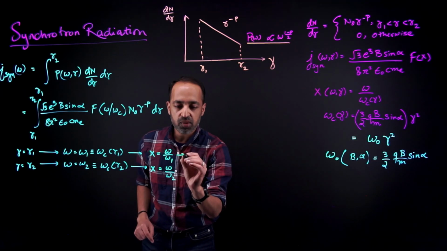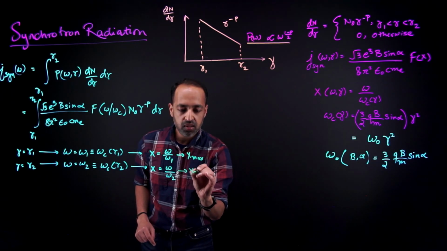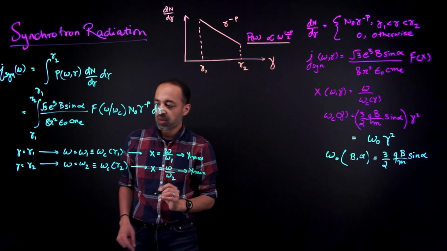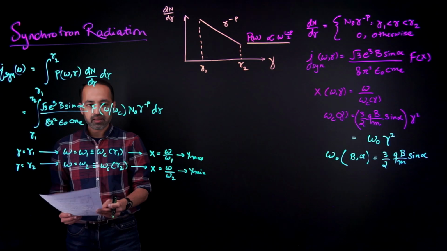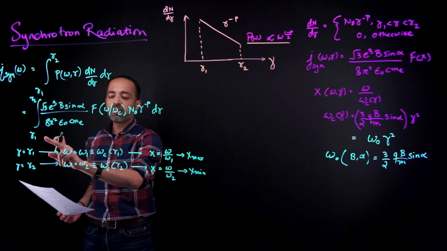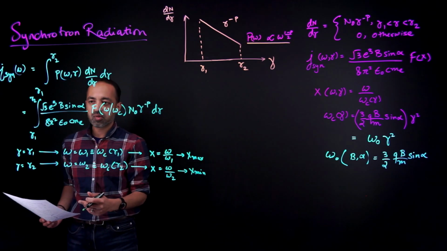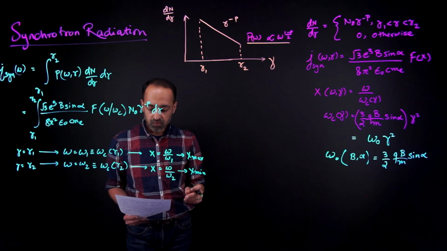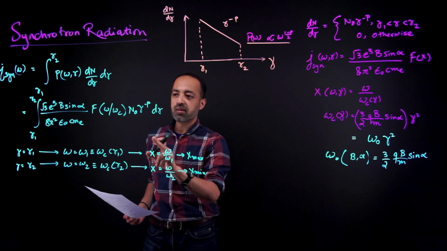So this corresponds to an x max for the integral, and this corresponds to an x min for the integral. So for the purposes of integration, this integrand now goes from x max to x min, and we will swap that in a second. Okay, the next thing to do is to deal with the Jacobian of the transformation.